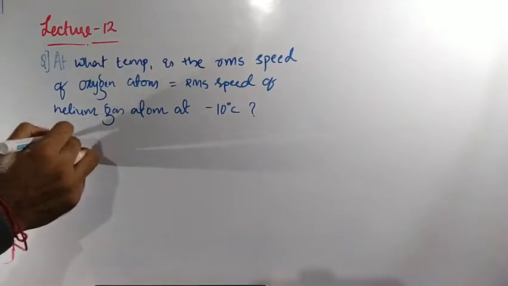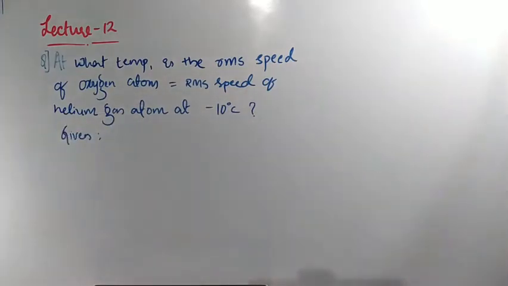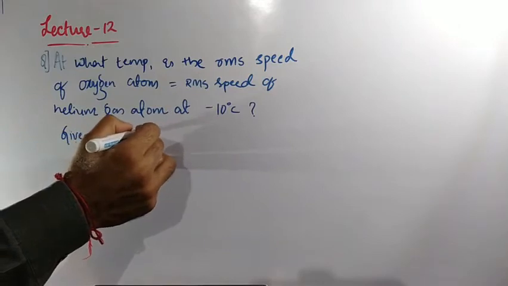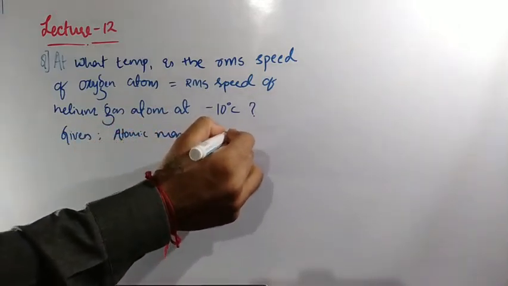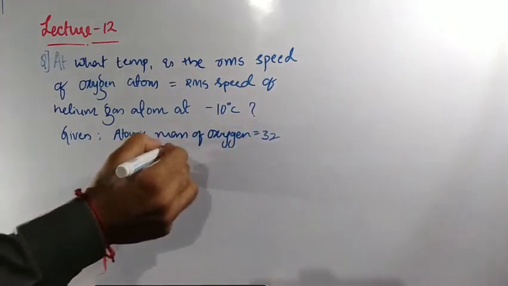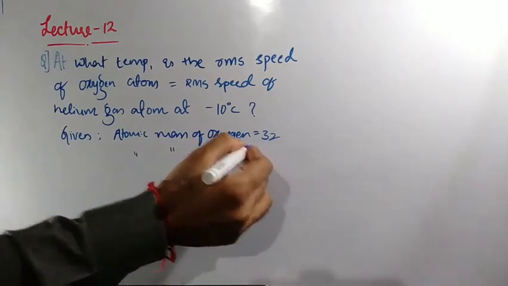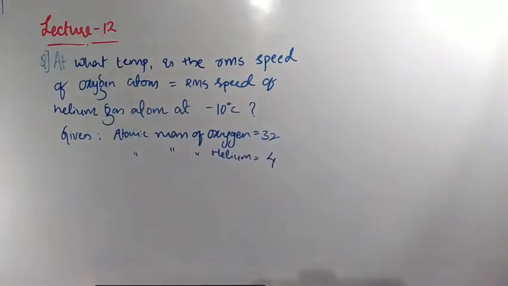Given that the atomic mass of oxygen is 32, and the atomic mass of helium is 4.